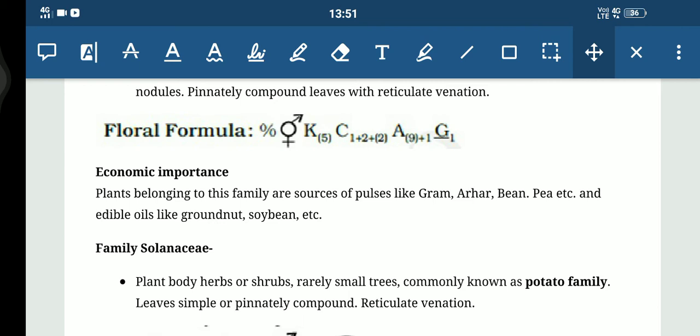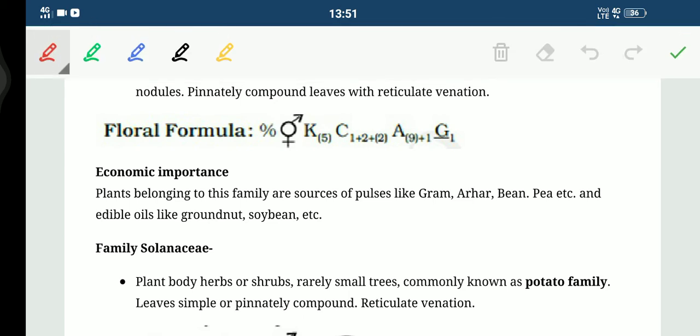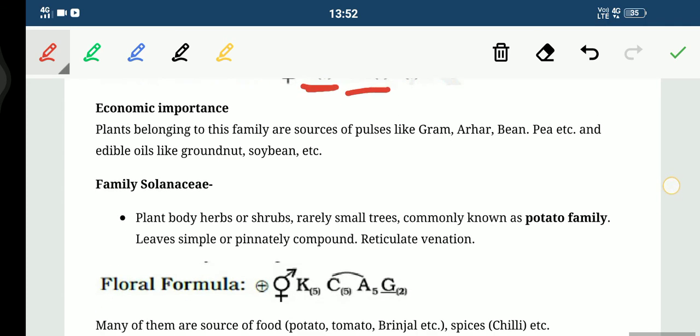K represents the calyx, then the corolla is 5, arranged as 1 plus 2 plus 2. Then we have the androecium, that is 9 plus 1, and the gynoecium is 1. Fine. Talking about their economic importance, the plants belonging to this family are a source of pulses like gram, arhar, bean, pea, etc., and edible oils like groundnut, soybean, etc.